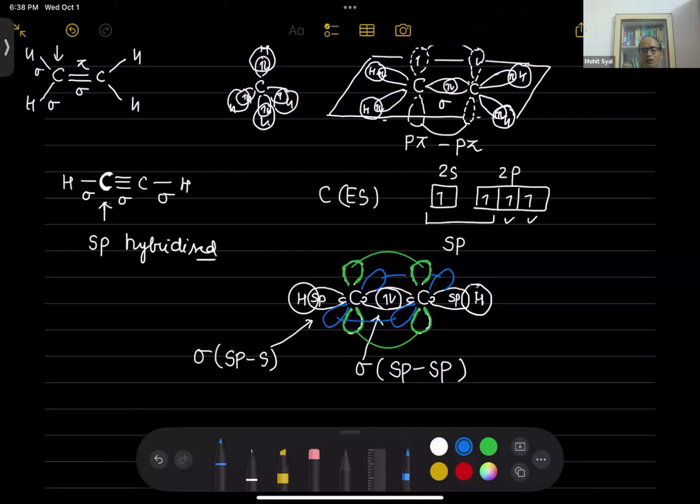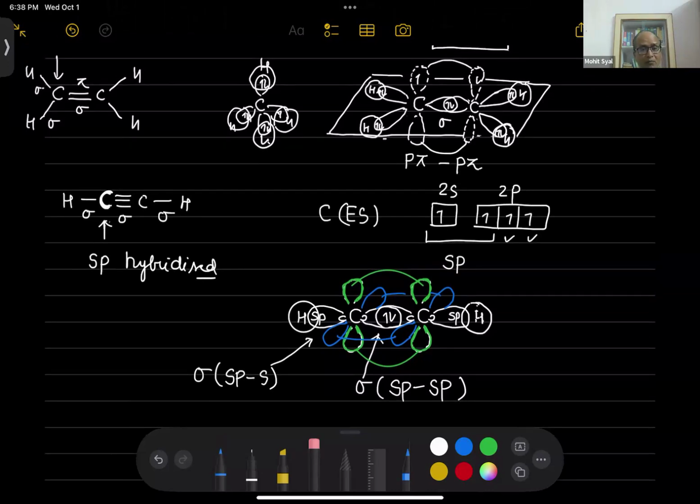This is how it is going to work, and these are the pi bonds. There are two pi bonds. The pi bonds are perpendicular. One electron density is like this, another is like this. The green one is like this, and the blue one is like this. They are in different planes.